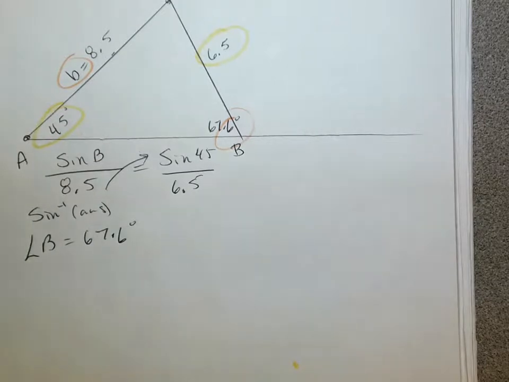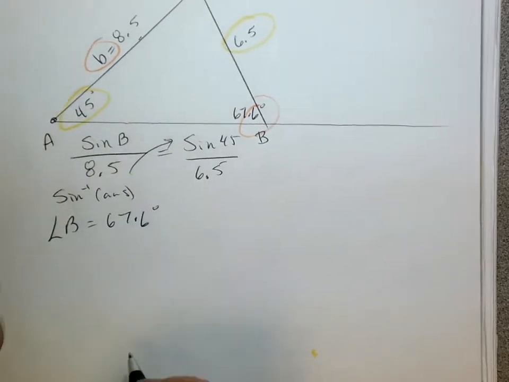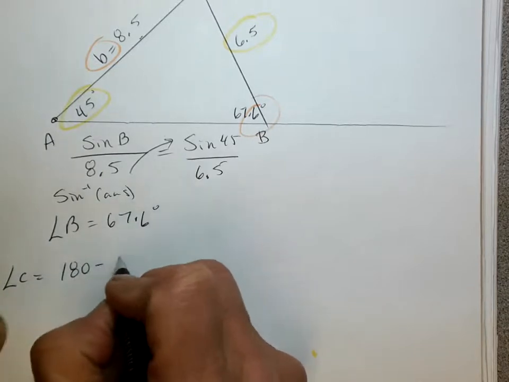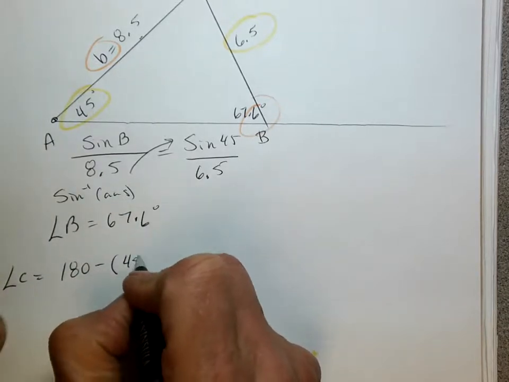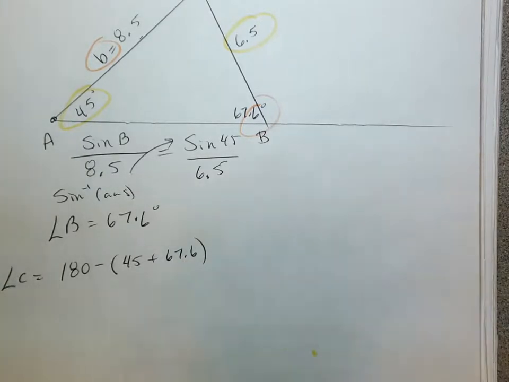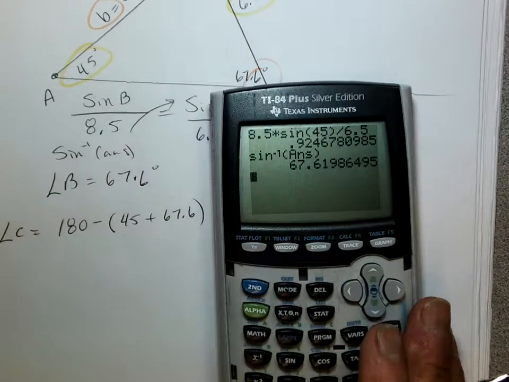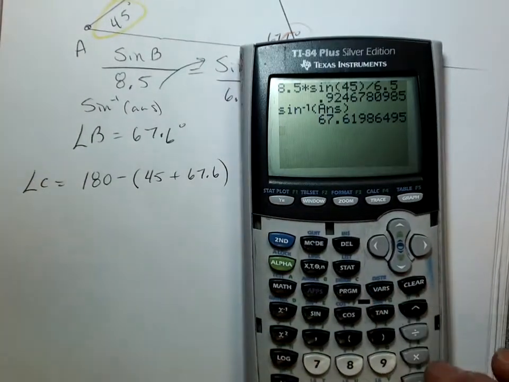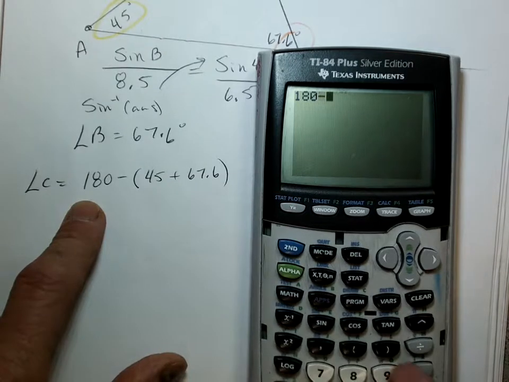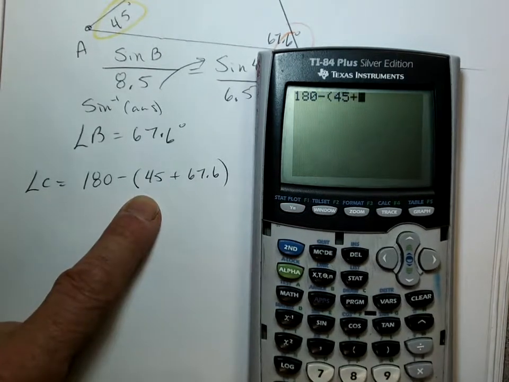And then angle C is pretty easy to find. Angle C is just 180 minus the 45 plus the 67.6, right? 180 degrees in a triangle. We know how to do that. We all passed geometry. And if we didn't pass geometry, then don't tell me because you're not supposed to be in here. 180 minus parentheses 45 plus 67.6, right?